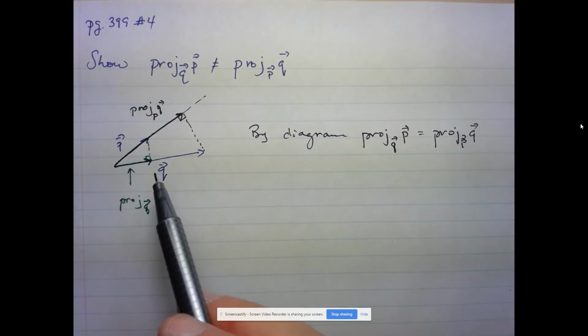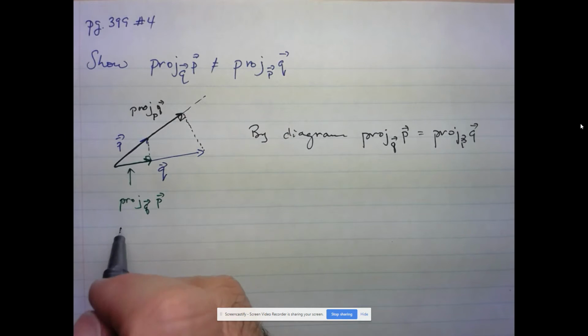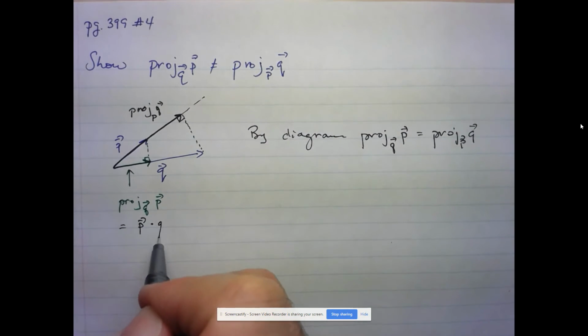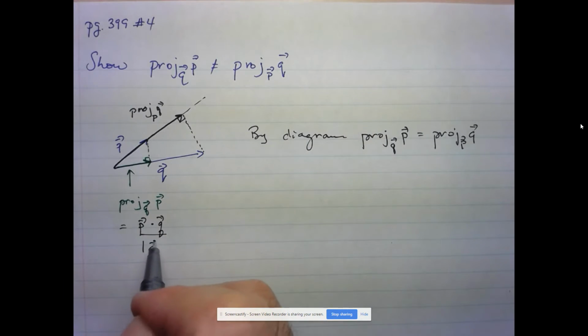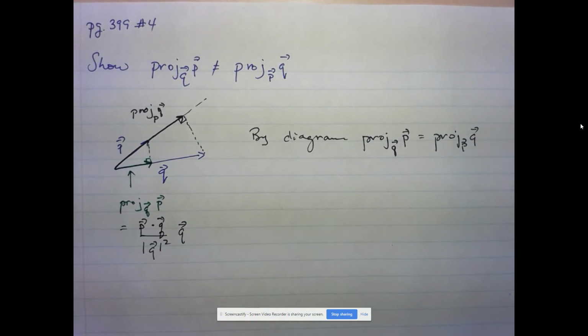All right, now if we take a look at this algebraically, let's look at the formula for the projection of p onto q. Well, that's p dot q divided by the magnitude of what we're projecting onto squared, times what we're projecting onto, its vector.